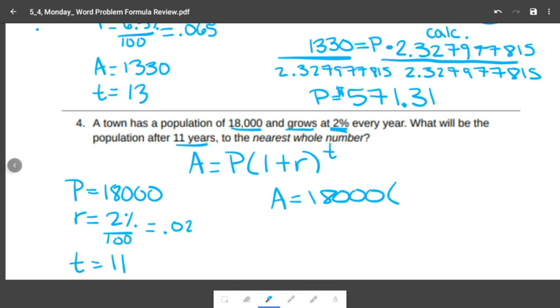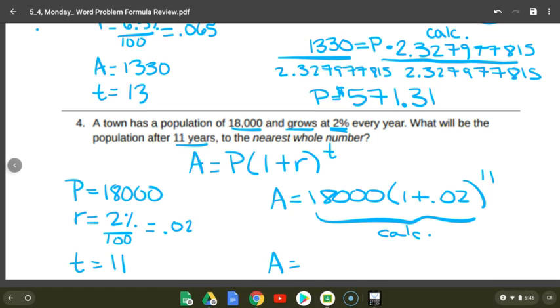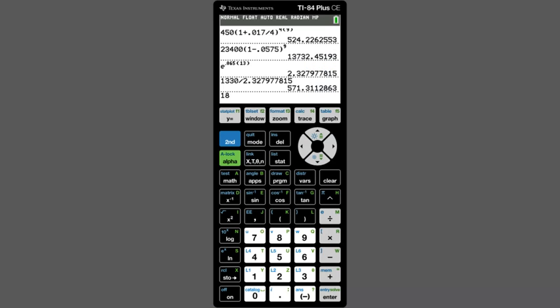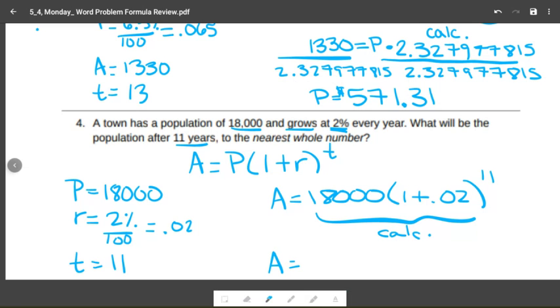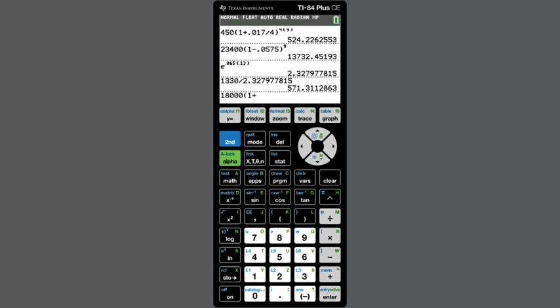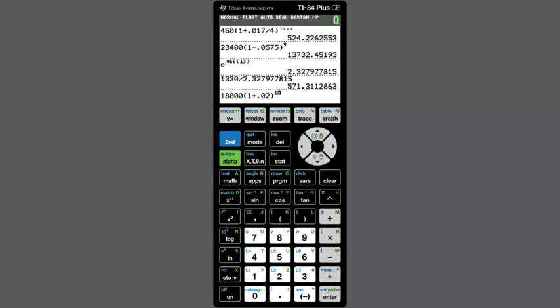Plugging in all of this information, we're going to plug the whole thing straight into our calculator. So we have 18,000 times 1 plus 0.02 to the 11th power.